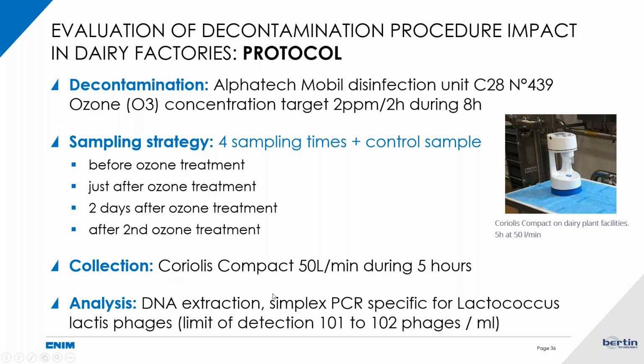For this, they used the Coriolis Compact, which has a flow rate of 50 liters per minute, during 5 hours. The sample was submitted to DNA extraction and later to simplex PCR with specific primers for Lactococcus.